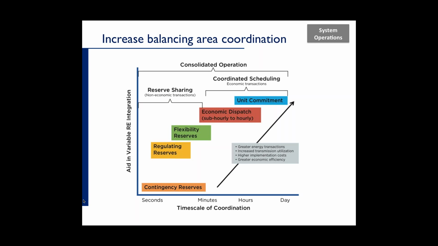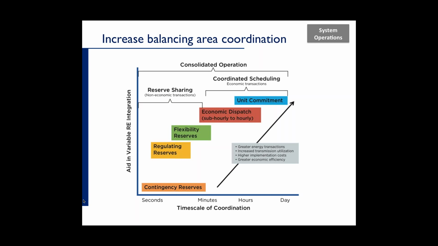We could coordinate economic dispatch. A good example of that in the United States right now is an energy imbalance market, which is now operating in California and part of the Pacific Northwest. In this type of setup, the two regions still separately do their unit commitment, which is starting up their units, usually a day in advance or more.